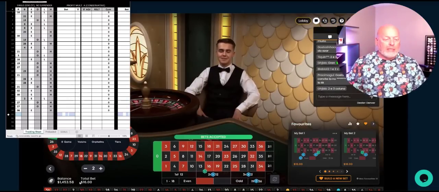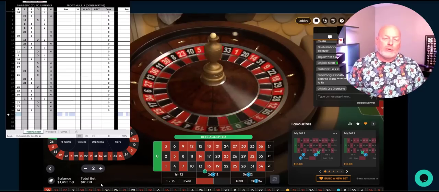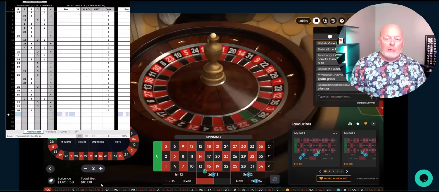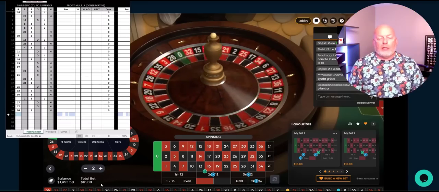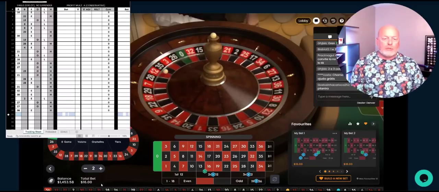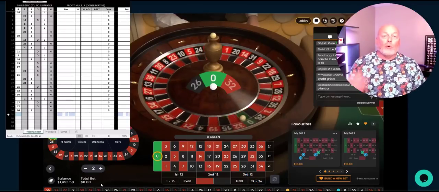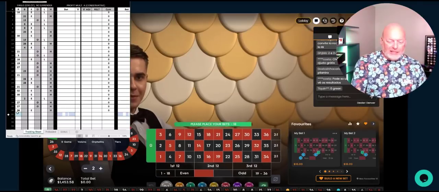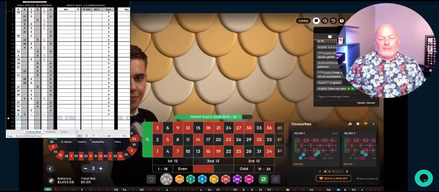So you can see my total bet size, $16. So now if it hits in the other 6 numbers, I'll win $5. If it hits in the other, the 19 through 36, I'll win $9. If it hits 0, I win nothing. It takes my money. It's like a money vacuum.